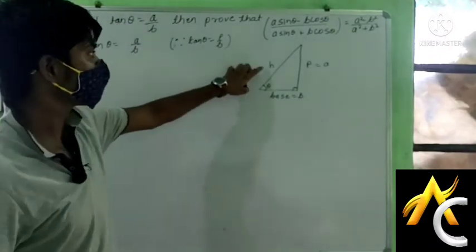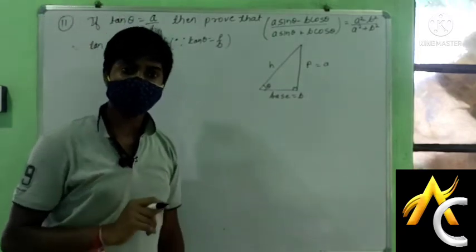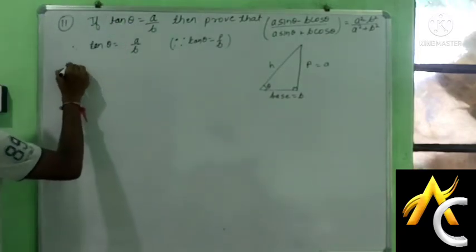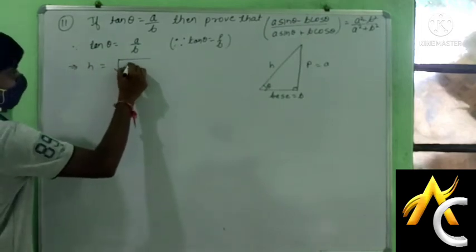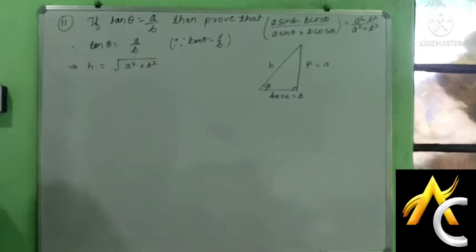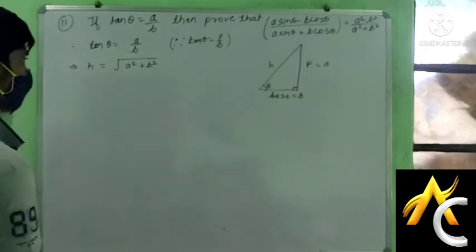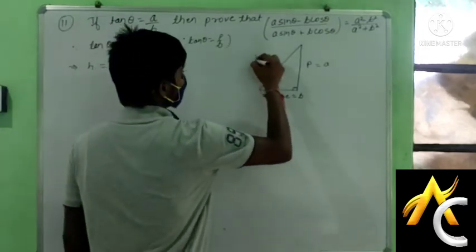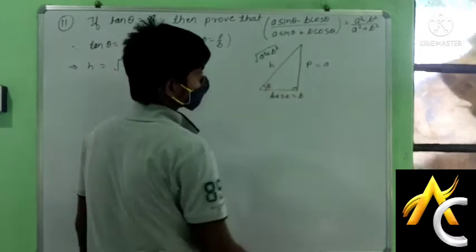Now find the value of hypotenuse by applying the Pythagoras theorem, and from Pythagoras theorem we can write h is equal to root under a square plus b square. Simple. Doubt? Now we have the value of h as well, so we are in position to solve this equation, right?